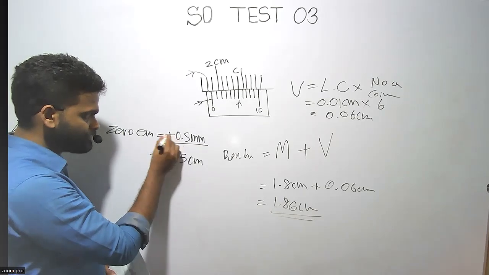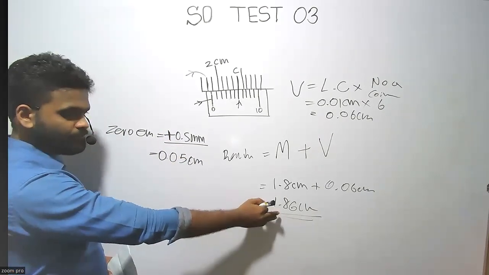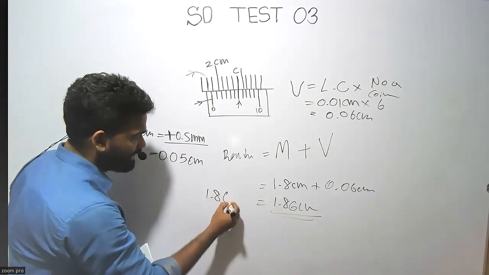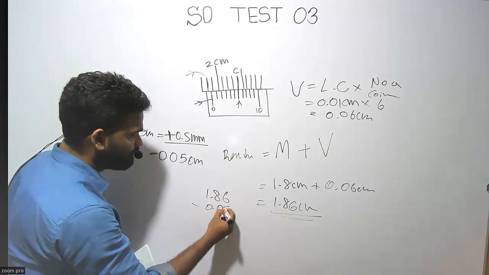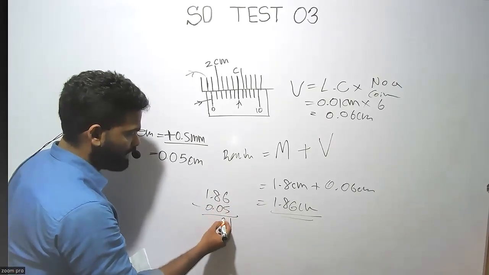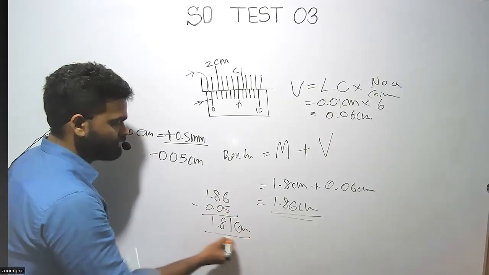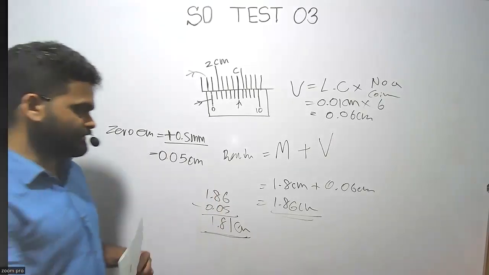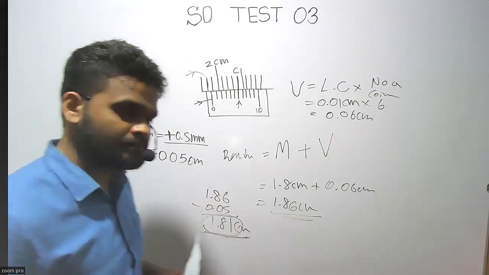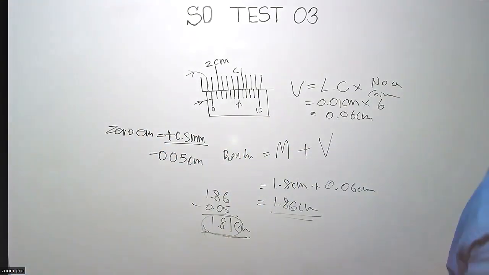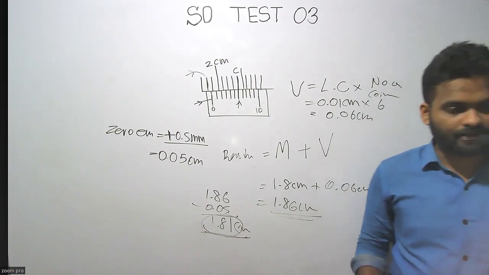Since the error is positive, you need to subtract that from this reading. So it is 1.86 minus 0.05, which is 1.81 centimeters. This is the correct reading. So the answer should be the third one.